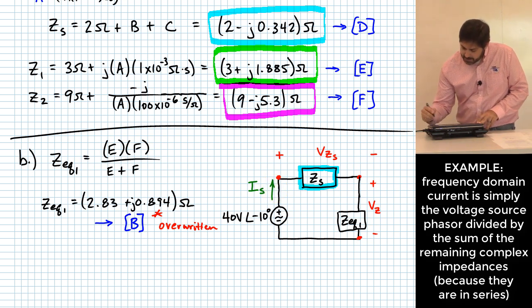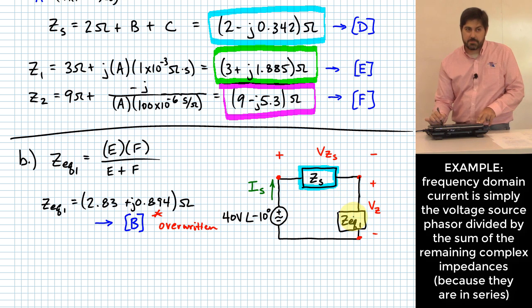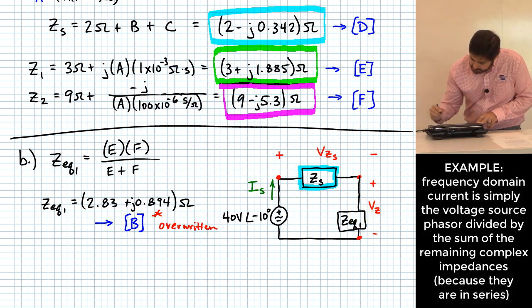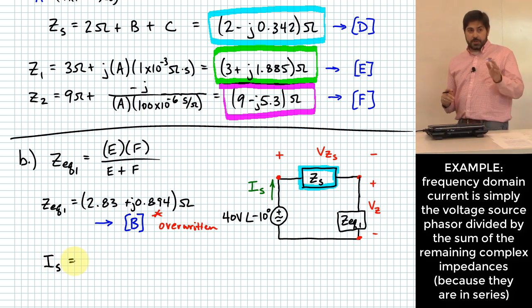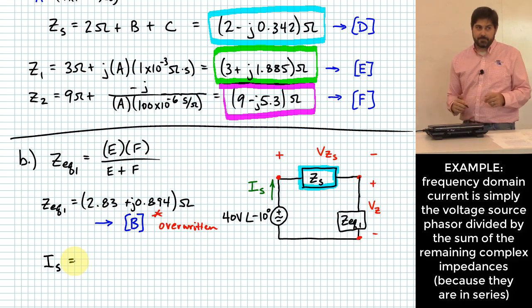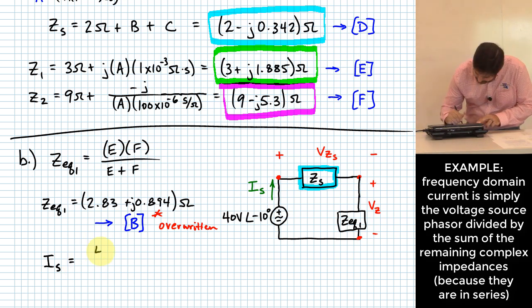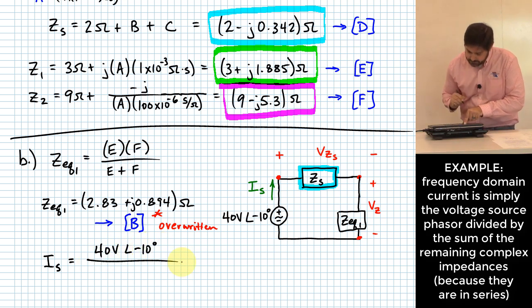Probably not, because we now have these 2 complex impedances that are in series. And it's just a plain old series circuit, just one loop, right? Because it's just a plain old series circuit, I would say it looks like it's possible for us to find IS by taking the voltage that's being applied and dividing by what? The equivalent complex impedance from these 2, which is just the sum of them, right? So we're going to have 40 volts at an angle of minus 10 degrees divided by what?